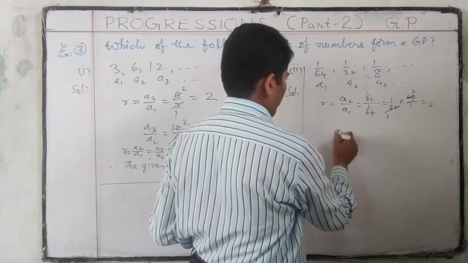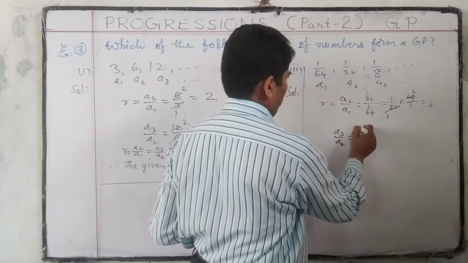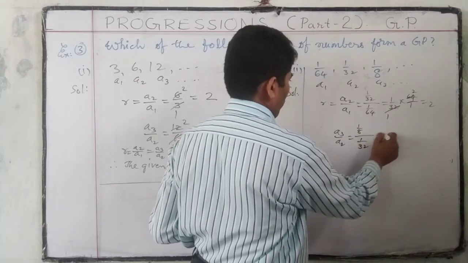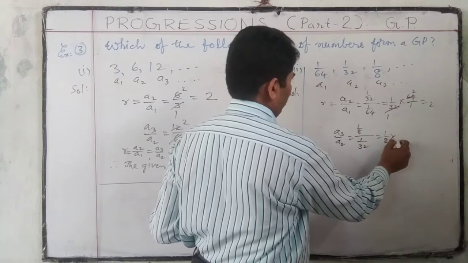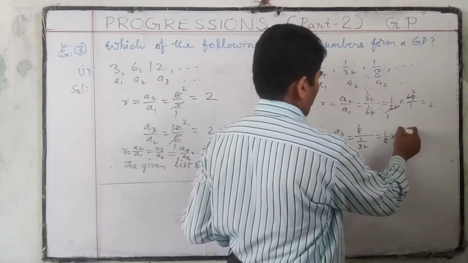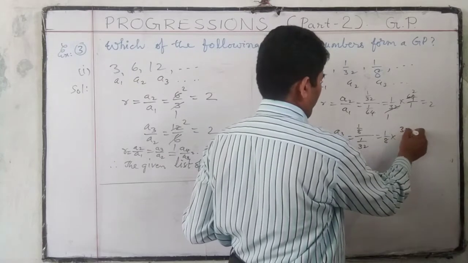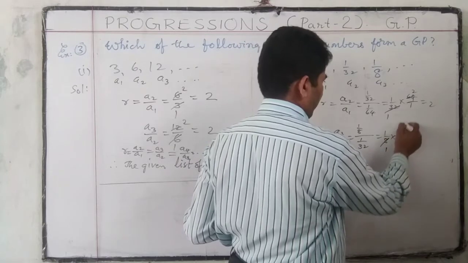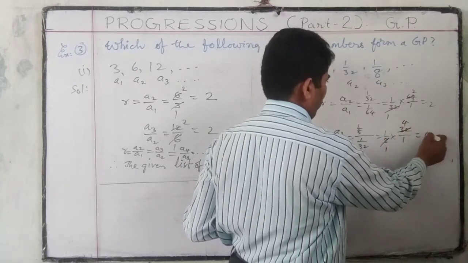Next, a3 by a2, 1 by 8 divided by 1 by 32, 1 by 8 into 32 by 1, 8 ones are 8, 8 fours are 32, so 4.